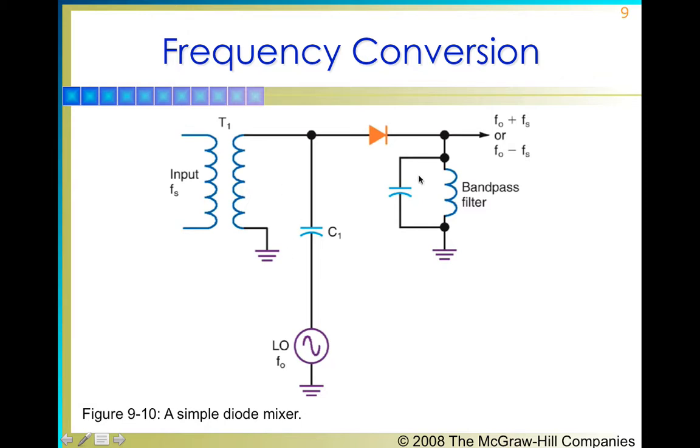So what is happening over here in the diode mixer? The input coming from here and the local oscillator input coming from here, and then these two are being linearly added in the diode, and then we have these two frequencies which are coming over here at this point, and then we have a tuned circuit which is selecting from these two frequencies the one frequency which is suitable for the future circuits.